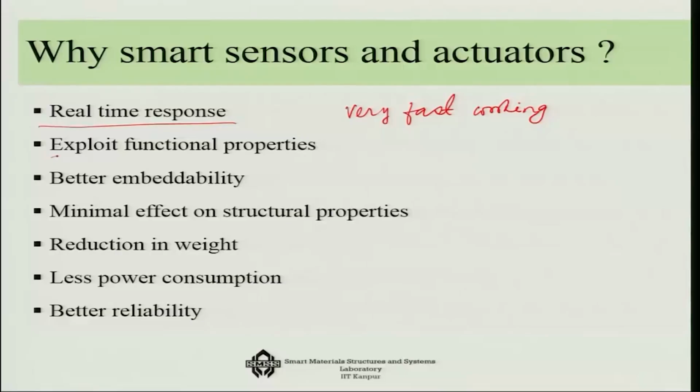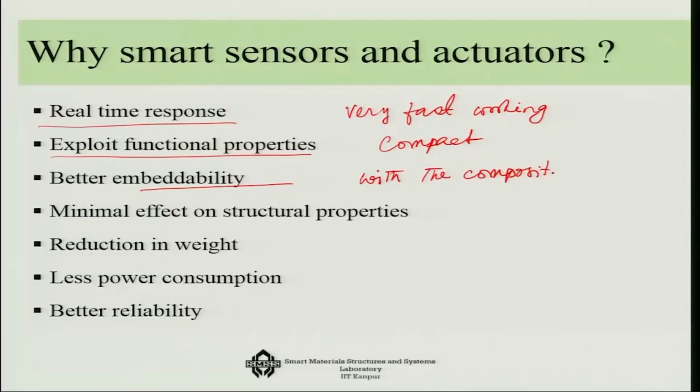It exploits the functional properties. That means a material works both as a mechanical load-carrying system and does functional work. So it makes the system very compact, and it has better embeddability with composites. I told you already that with the advent of composites, smart materials applications increased like anything.